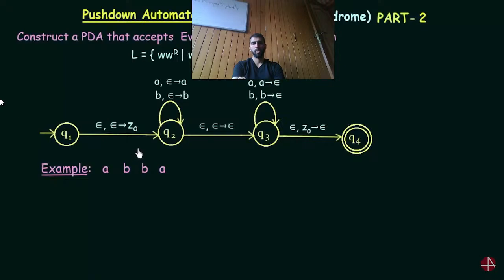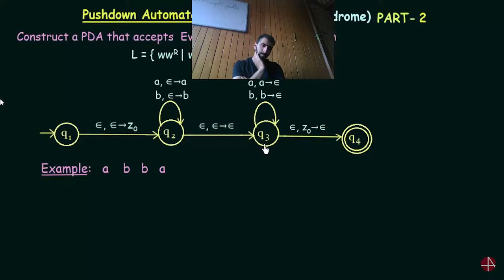So basically how the pushdown automata works is that in the first state, which is our initial state Q1, we just push a symbol Z0 into our stack to denote the bottommost symbol of our stack. And then in the state Q2, we read the first half of our string and push it onto the stack. When we reach the midpoint of our string, state Q2 goes to state Q3.